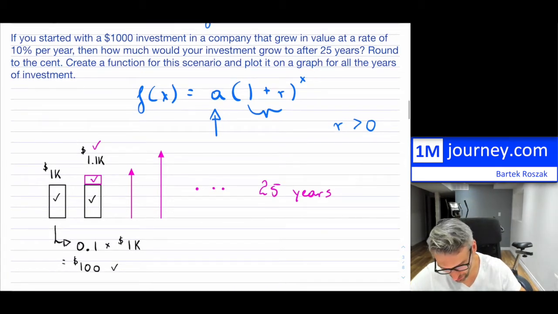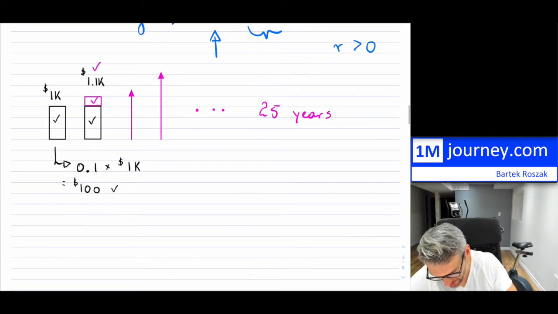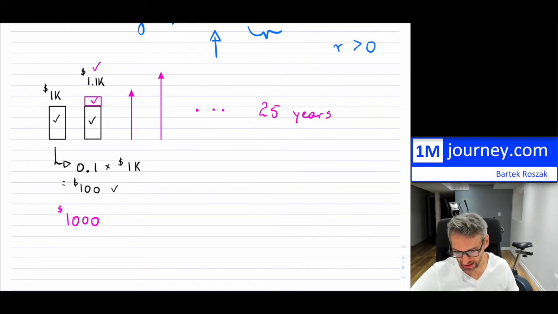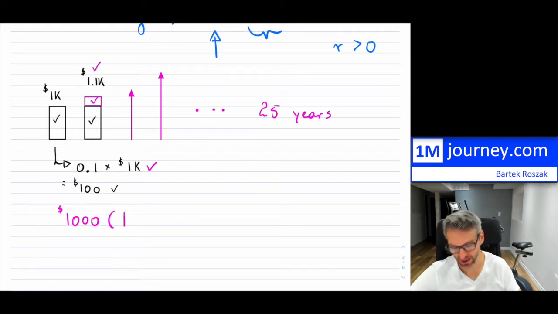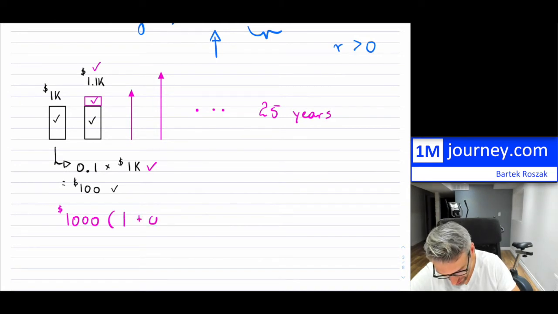So what actually happens? Originally you start with $1,000. Now what you're actually doing is adding the 10%. And that 10% is your original amount, 1,000, times 1 plus the 10%, which is 0.1.